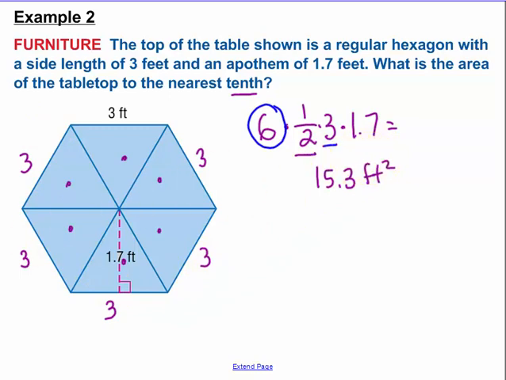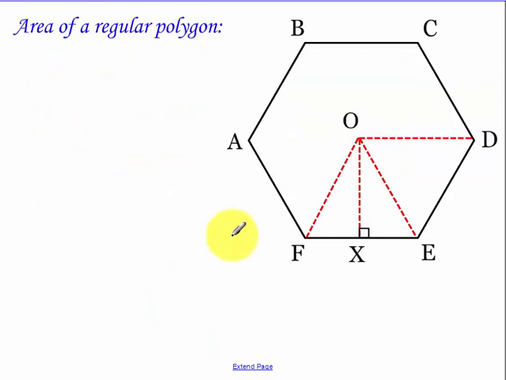So now let's talk about this in a general case. Area of a regular polygon. Okay, you have 1/2. Let's look at what we just did. Our side length, because that was the base of each one of these triangles that we would see in here.